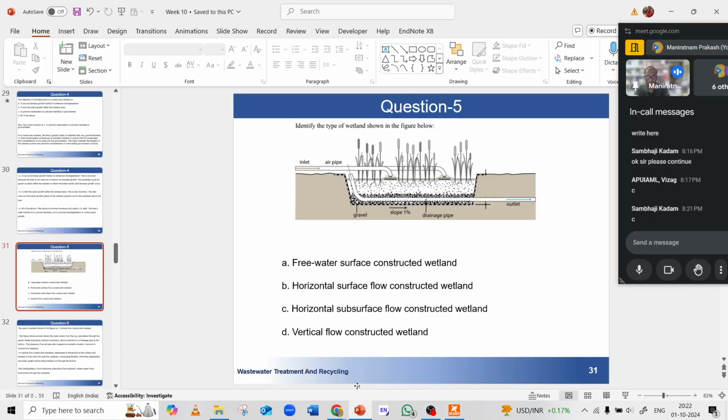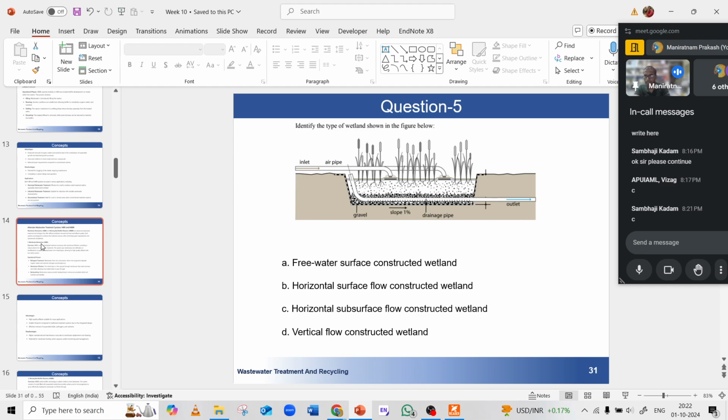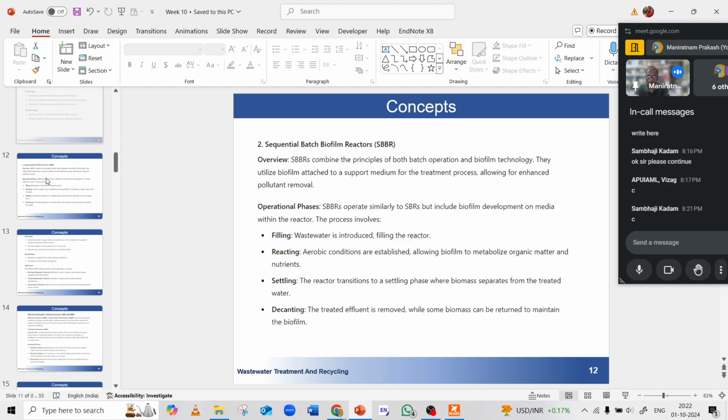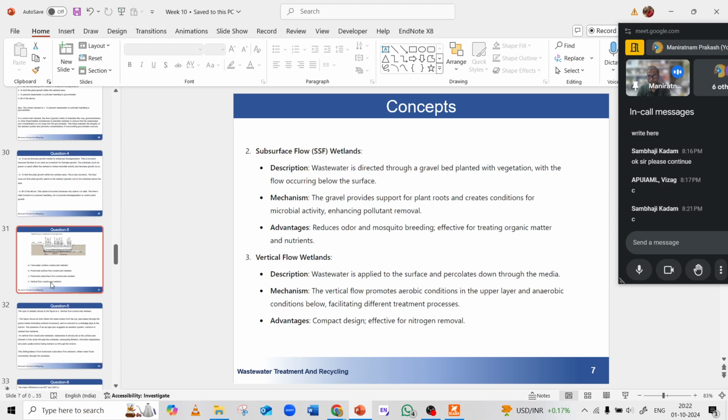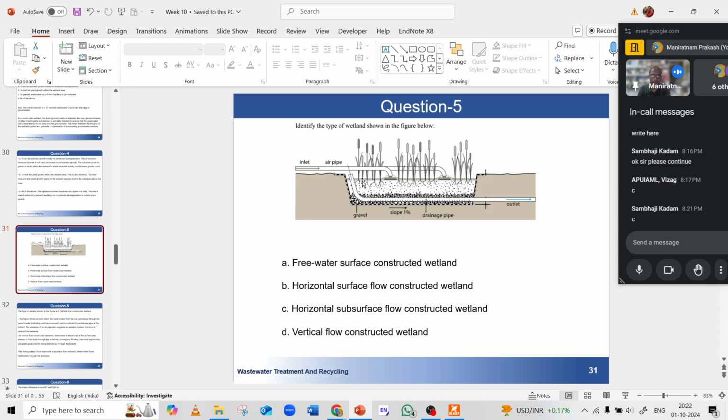I don't know why you said C. Vertical flow wetland is where water is applied on the surface and percolates down through the media. Here you can see water is being applied on the surface and percolating in the media. It's not like horizontal flow; water is flowing in a downward direction. So the answer will be D.